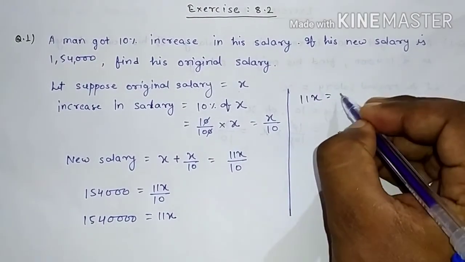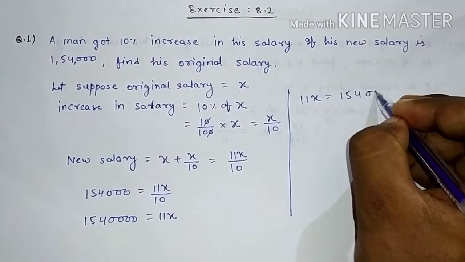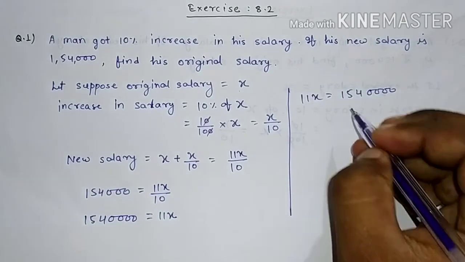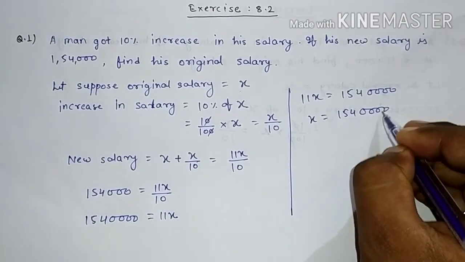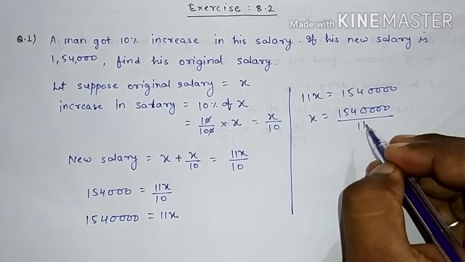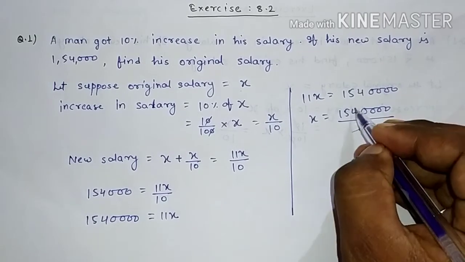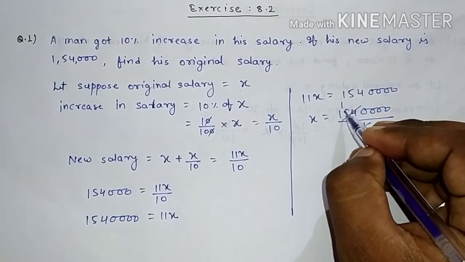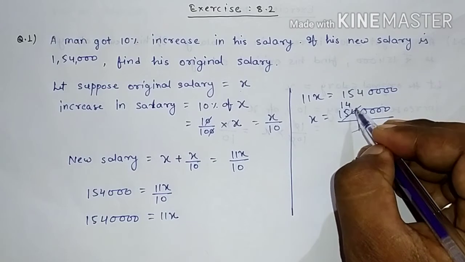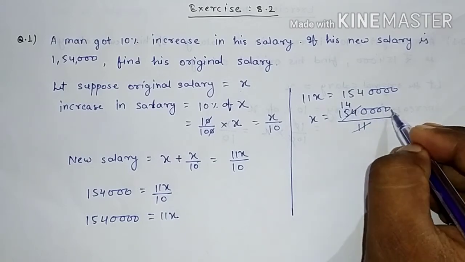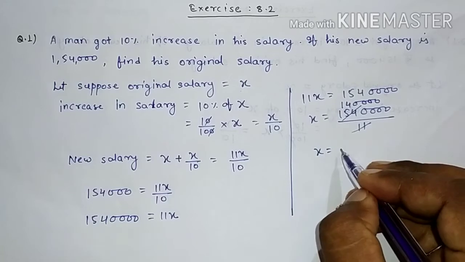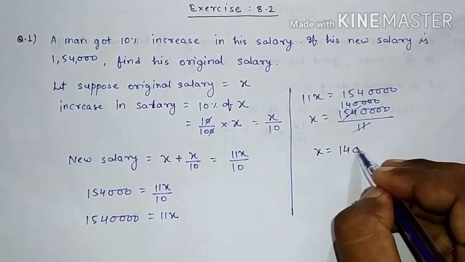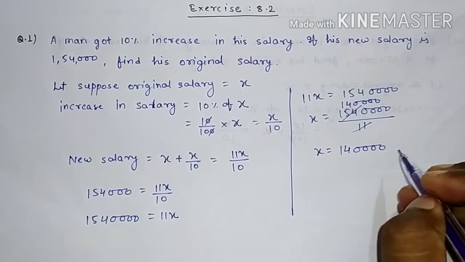So 11x equals 154 and 4 times 0. Now x equals 154, 4 times 0, divided by 11. So just divide it. 11 1 is 11. Carry 4, 44. 11 4 is 44. And here 1, 2, 3, 4 times 0. So x equals 14, 4 times 0.